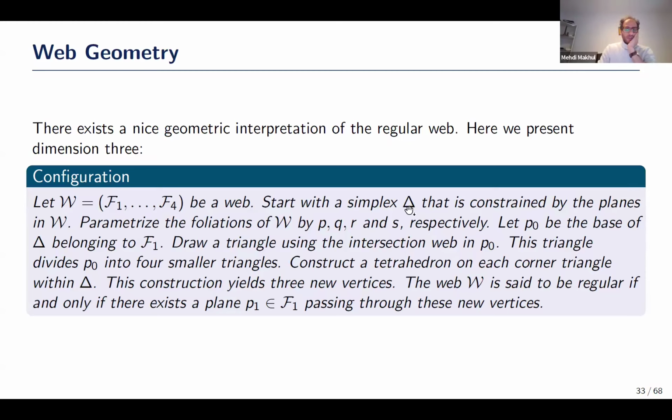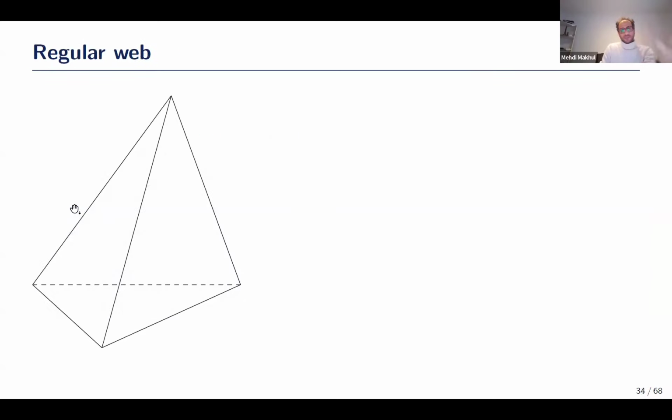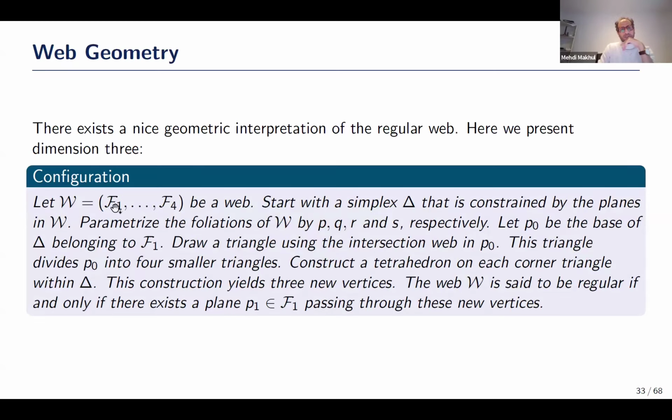First of all, I draw a tetrahedron, which I call delta, formed by the planes of the web. Now I parameterize the planes in F1 by P, the planes in F2 by Q, the planes in F3 by R, and the planes in F4 by S.